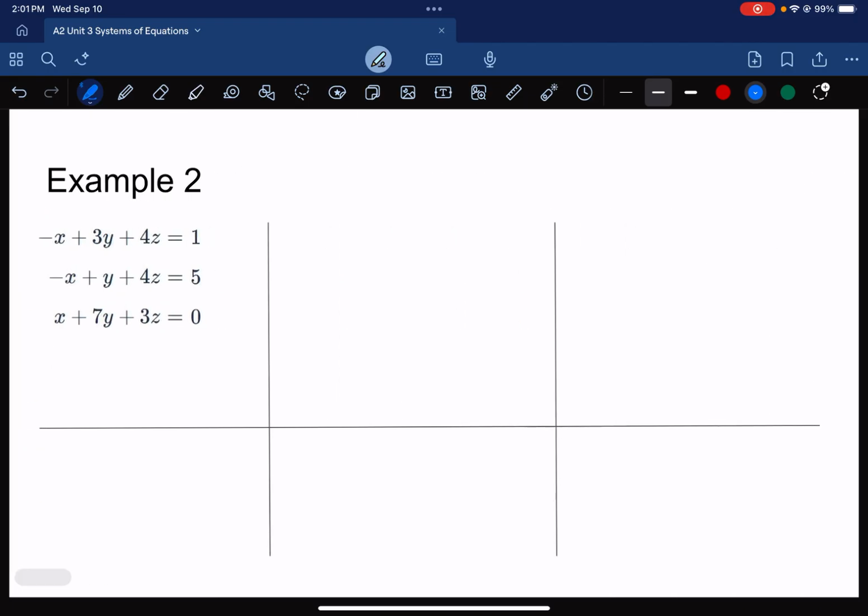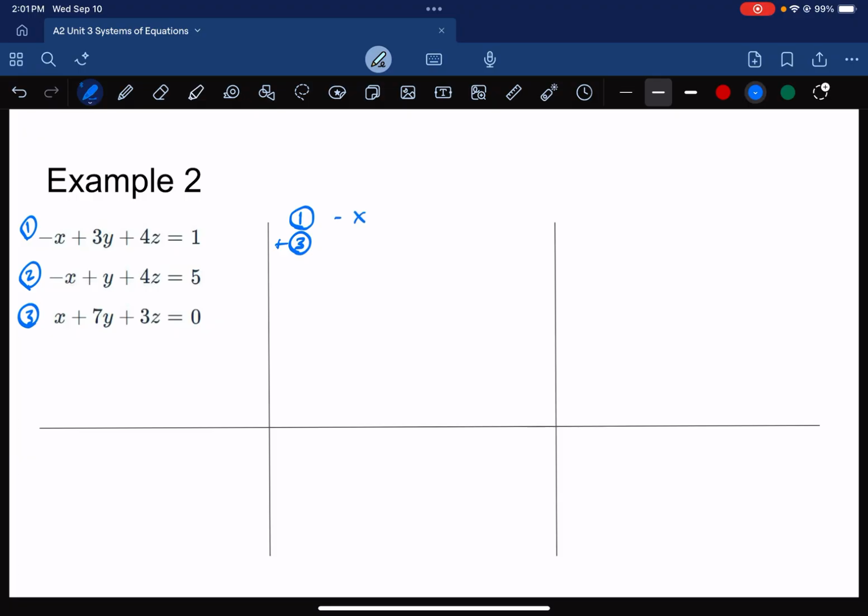All right, let's try example 2. Which variable would be easiest to eliminate, x, y, or z? Well, the x's are already either 1 or negative 1, so it looks like maybe x terms, right? So let's number our equations here. And we're going to go with 1 and 3. I'll add 1 and 3 together.